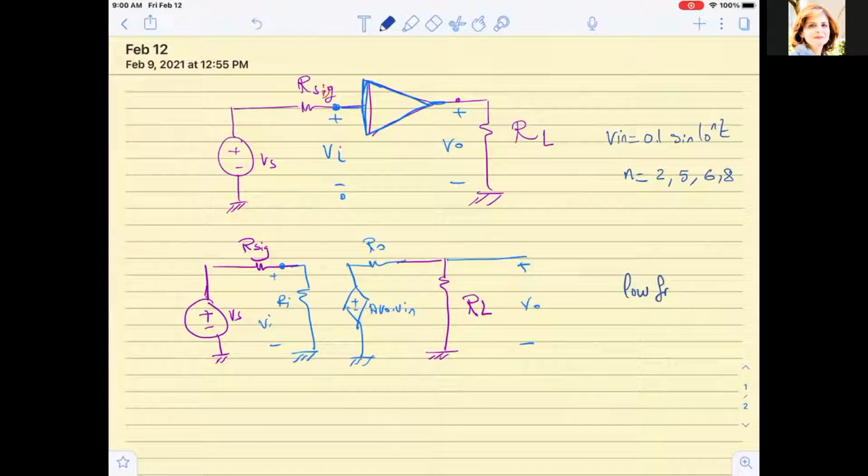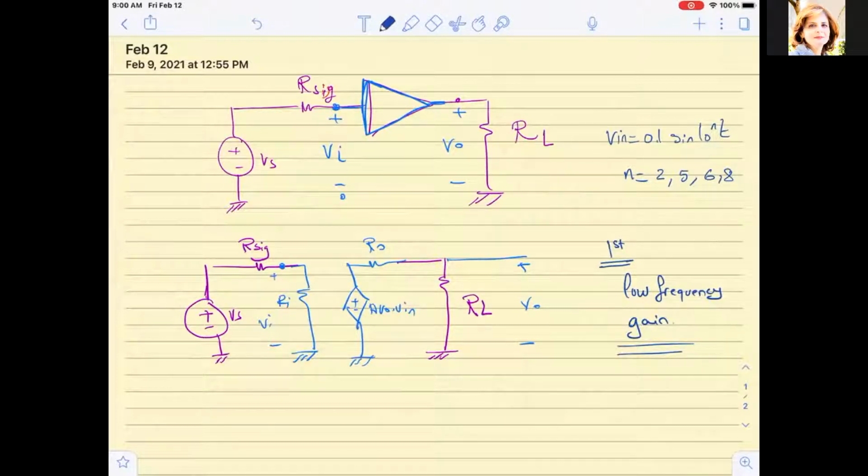So we'll see how the gain we used to derive it in the typical way. And then we are going to insert a capacitor into this design and see how that affects the response.